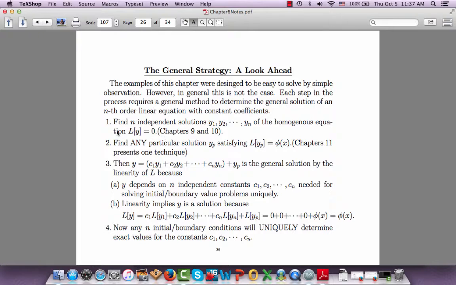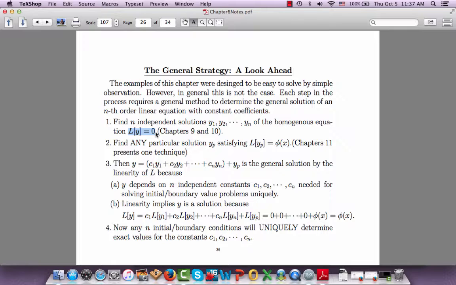So the first step we're going to do is ignore what the right side of the equation is and just look at our linear differential operator and set it equal to 0. We're just going to look at the easier homogeneous equation and we're going to solve that. We talked about in the previous video a simple example where we were able to solve such an equation.